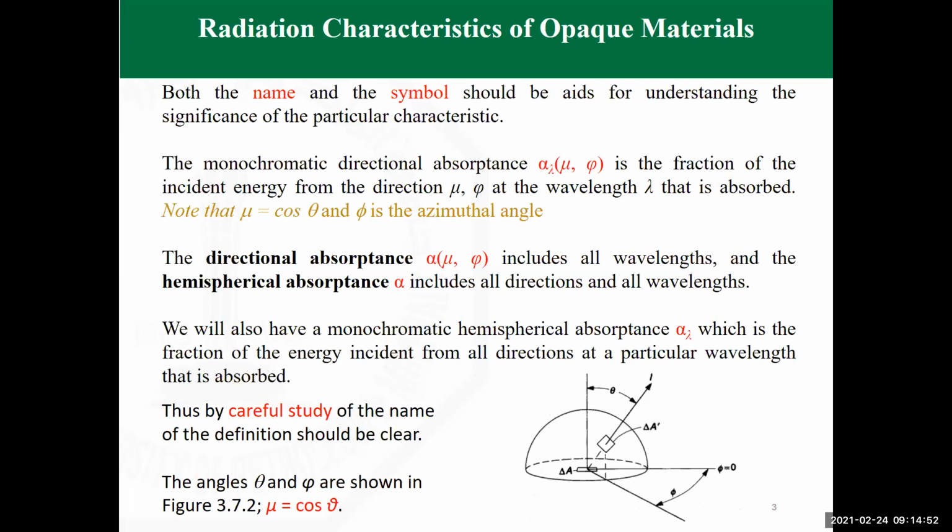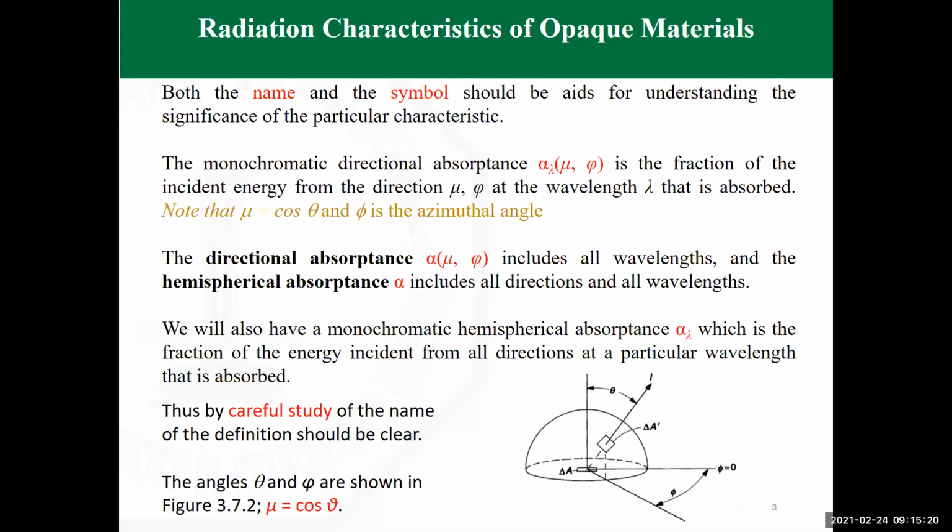And the azimuthal angle. Note that the azimuthal angle in this part of the course is called phi. So when we are talking about monochromatic directional absorptance, we are talking about absorptance, alpha, monochromatic at a certain wavelength, directional, so it depends on both mu and phi.